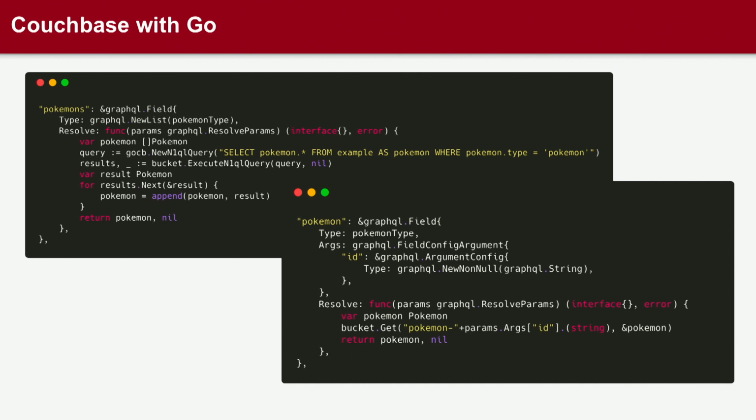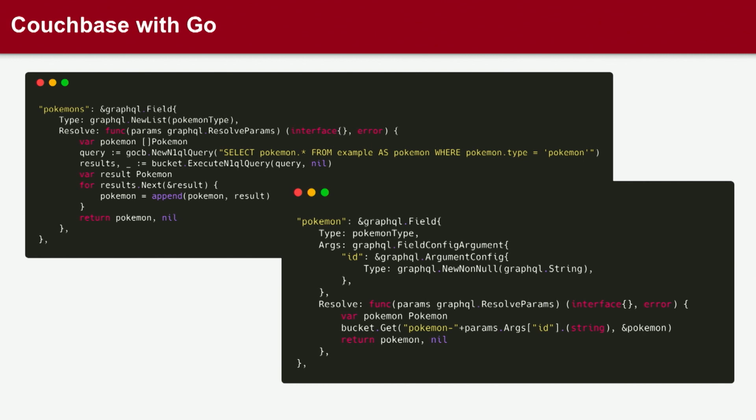And likewise with Pokemon, singular, we have our argument, the ID. In this case, I'm not using a N1QL query. I'm going to create an object called Pokemon, and this time I'm going to do a key value operation. We're expecting that an ID be passed, so I can do a key value lookup. I can say bucket.get.